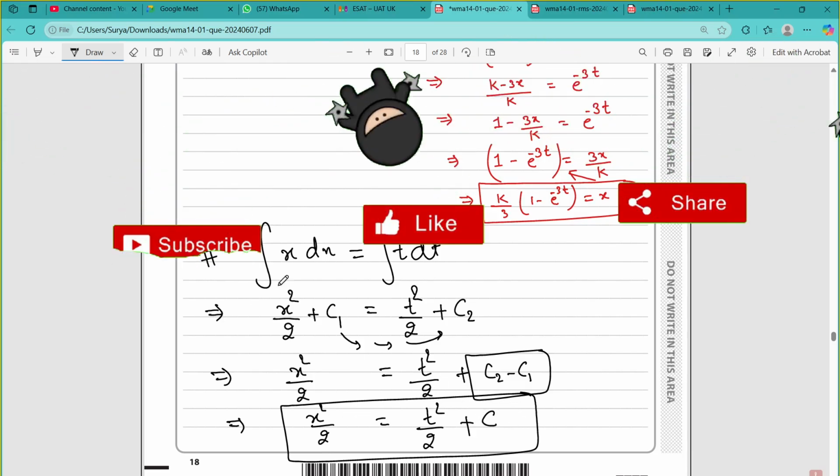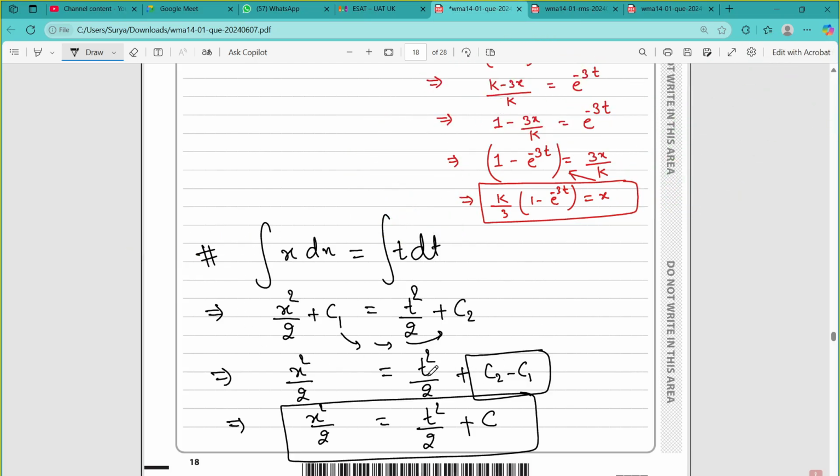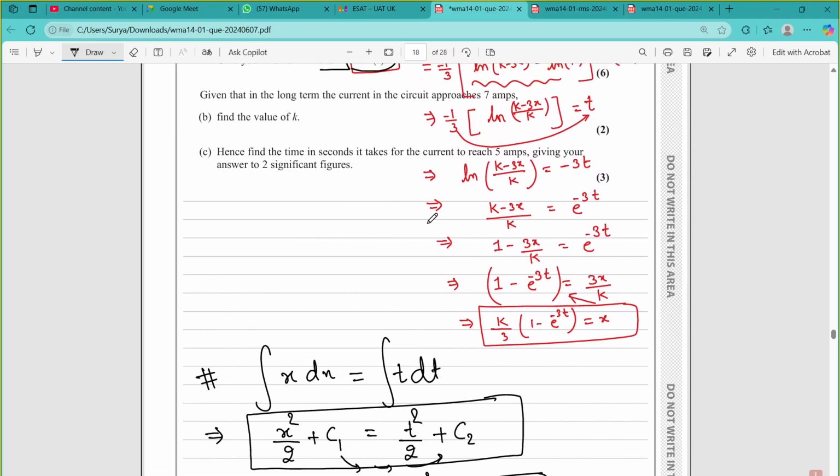This constant c will adjust all these things, c2 minus c1, whatever it is going to be, and it will give you the correct answer. Are you getting this concept? You may have three or four indefinite integrations in a single line, so you don't have to write an integration constant for each one. Just write a simple constant c at the end. Is it okay?